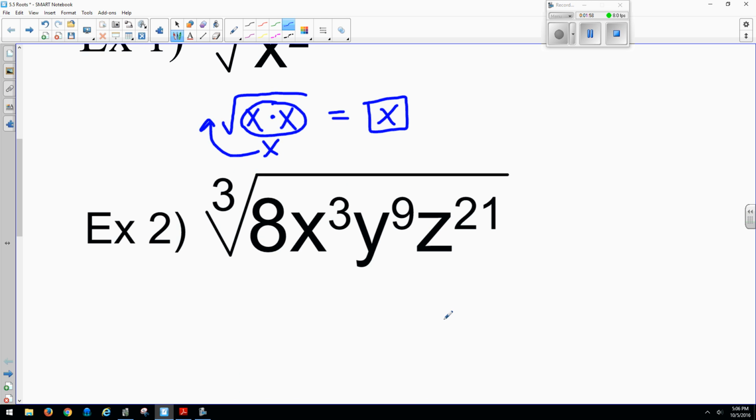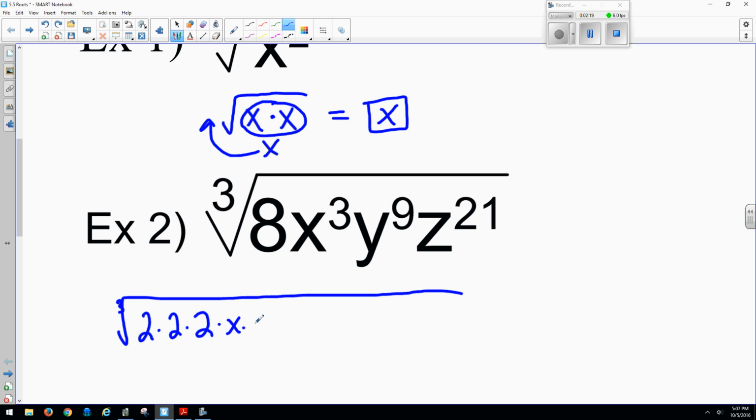Following that same procedure, you'll notice in this example that the index is 3. And so I'm just going to rewrite this. And instead of 8, I'm going to write it as 2 times 2 times 2. Instead of x cubed, I'm going to do x times x times x.